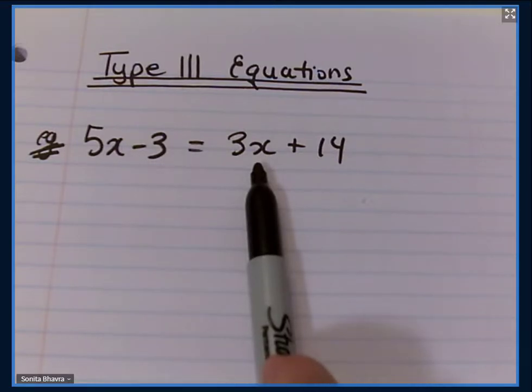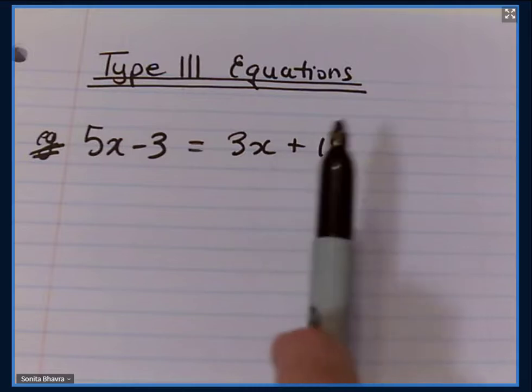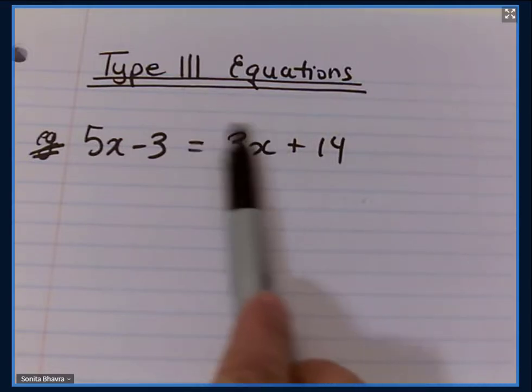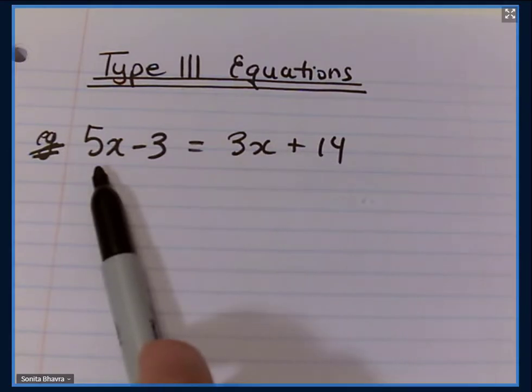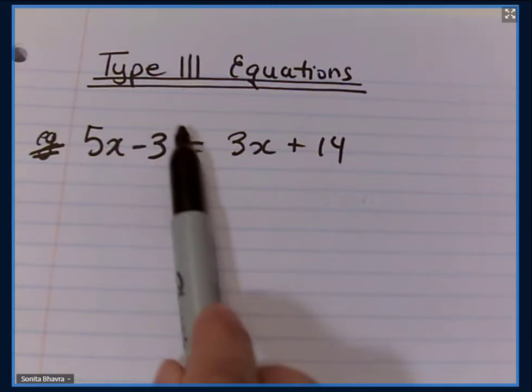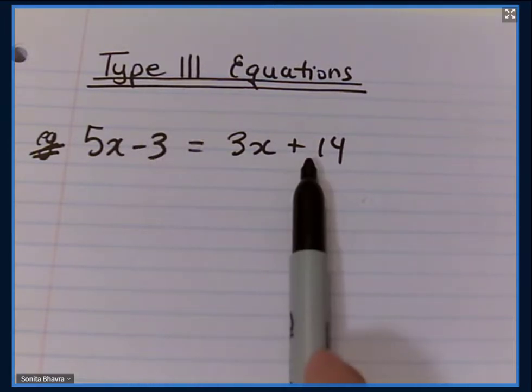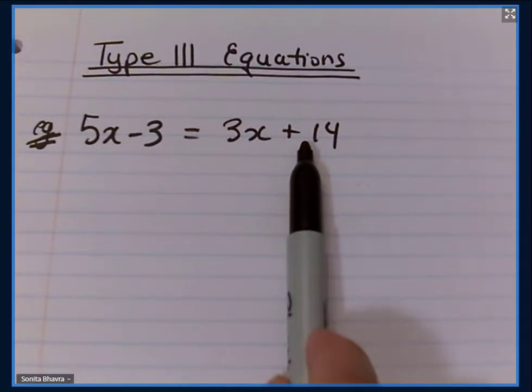So what we need to do is collect our like terms together, and we want to collect all our terms with x on one side of the equal sign. So usually we collect it on the left-hand side so that when we have our equation at the end, it shows as x equals to the constant. So our constants, therefore, would be moved over to the right-hand side.